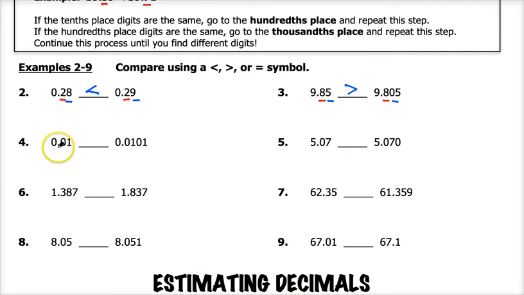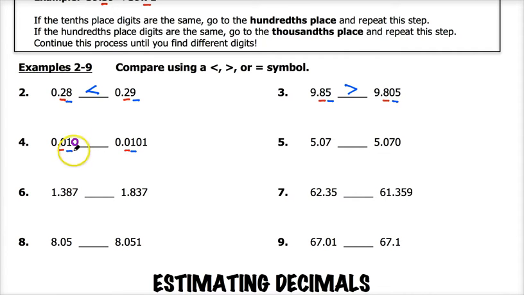Number 4, we have 0.01 compared to 0.0101. Whole number parts are the same. The tenths place both have a 0. The hundredths places both have a 1, so now we have to move to the thousandths place. Well, the thousandths place on 0.01, remember if there's no numbers to the right, if the decimal stops, then there are these imaginary zeros after the 1.